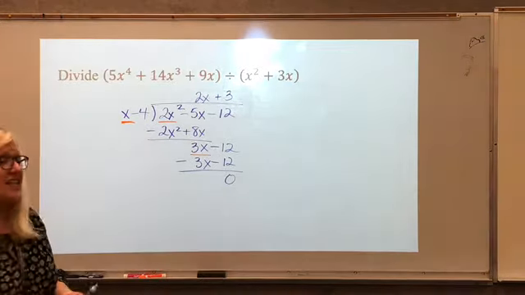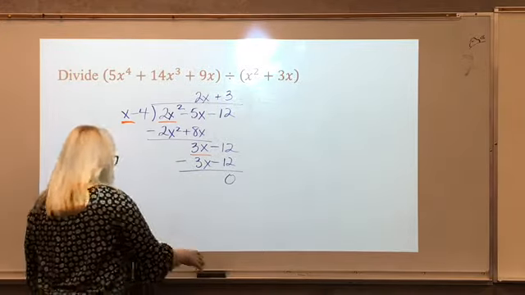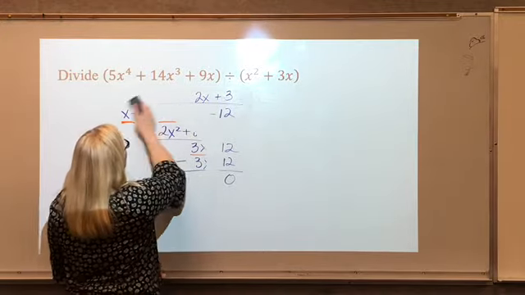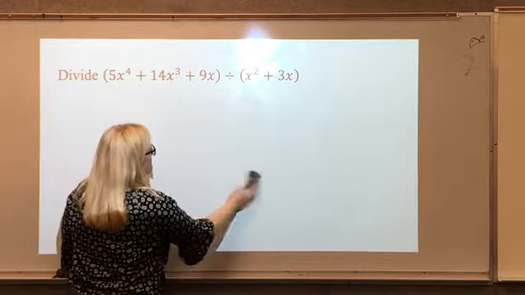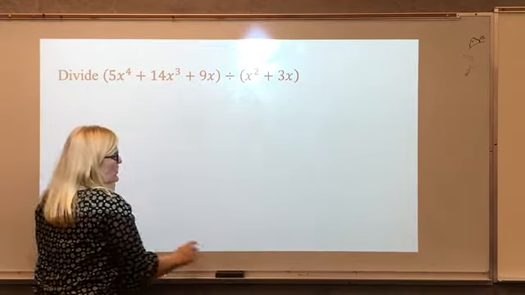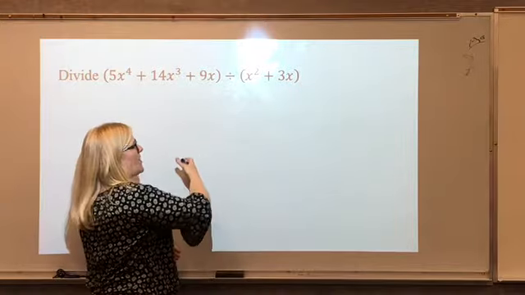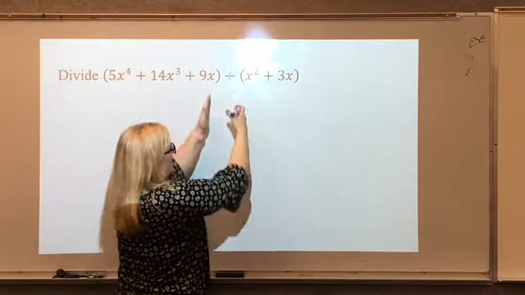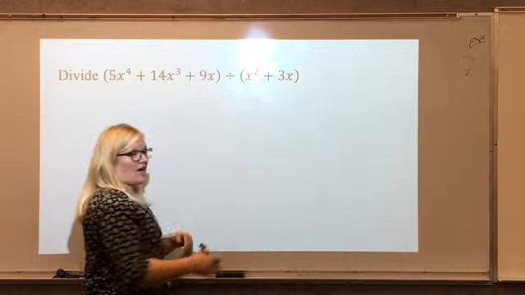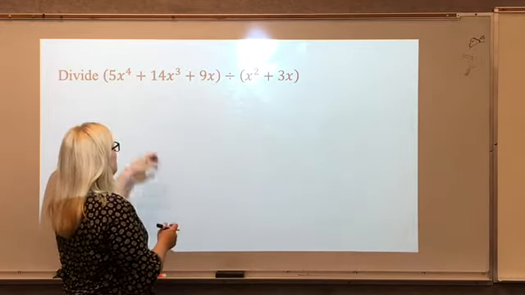Now we're going to take it even a step further. As you can imagine, these can get pretty complicated. Now one thing I want you to notice, before when we were doing these, we had columns, right? We had like x cubed, x squared, x, and then we had constants if there were any.